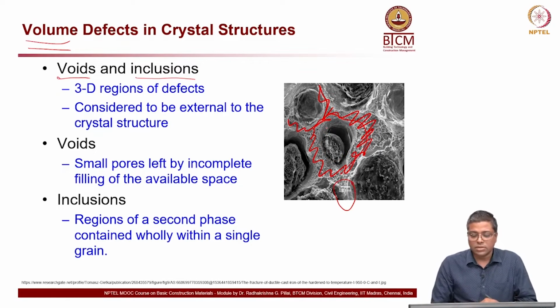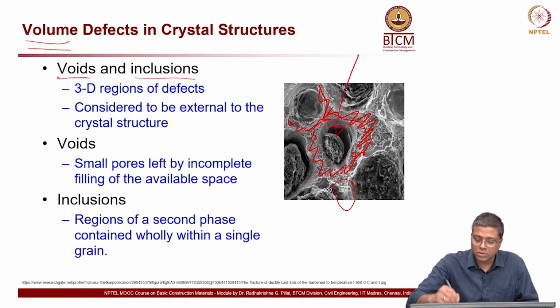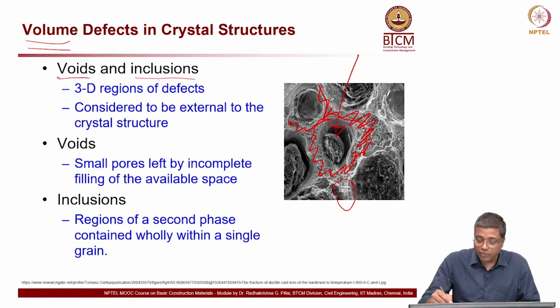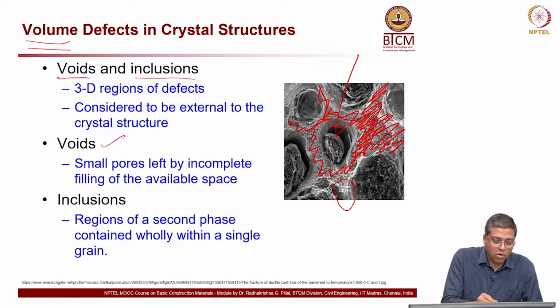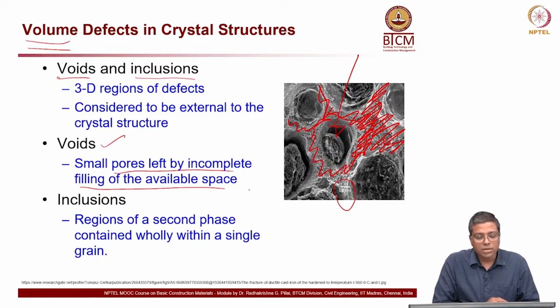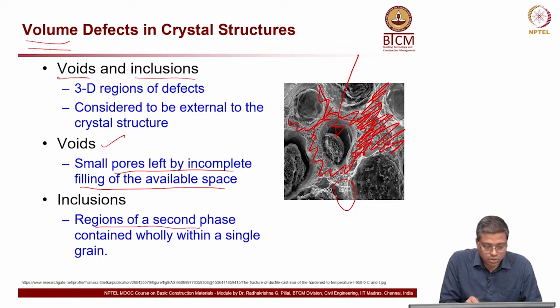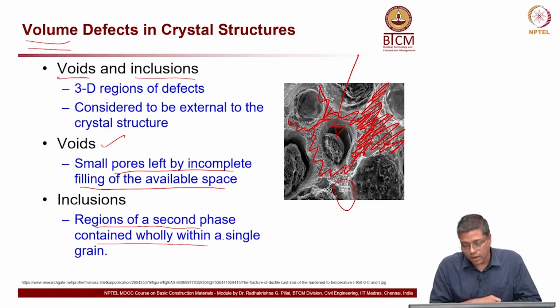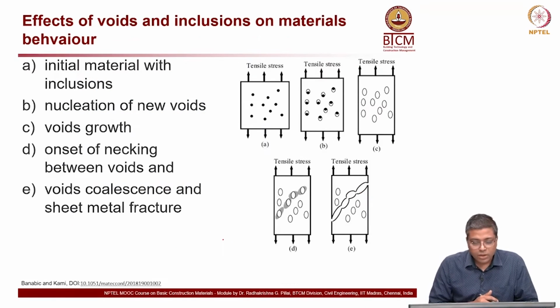This is a very close up view, to make you understand. These materials are considered to be external to the typical phase of the material. They are not really interacting with it. And if you say void, there are small pores left incomplete, or just some space is available. Inclusion is a region of a second phase contained wholly within a grain. Okay. So, if it is clear now.